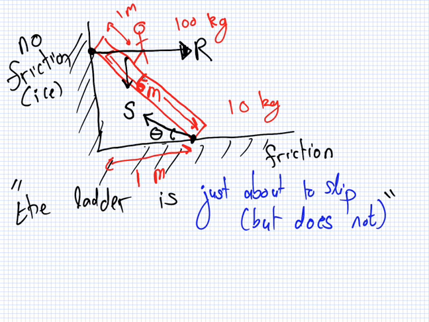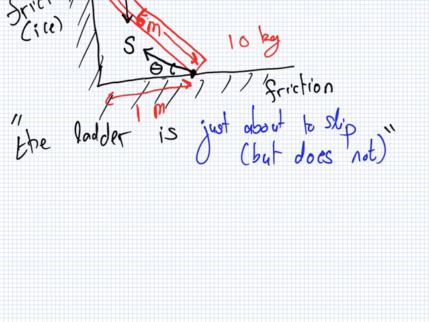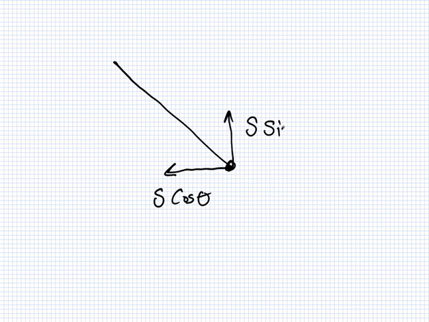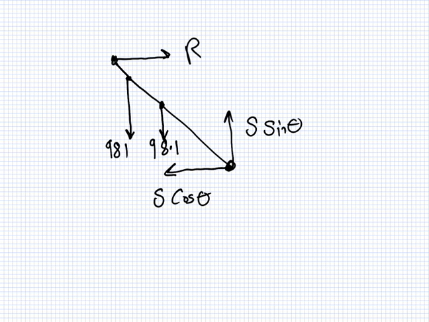So here there's S cos theta, and then here S sine theta, and then here there's an R, and then here in the middle there's a 10G, which is 98.1, and then up here is the man, and he's 100G, so he's a 981 Newton force.